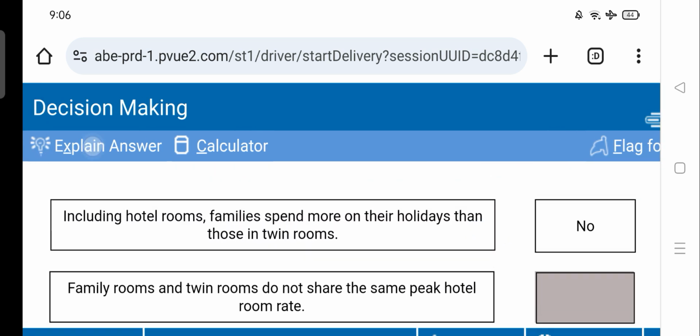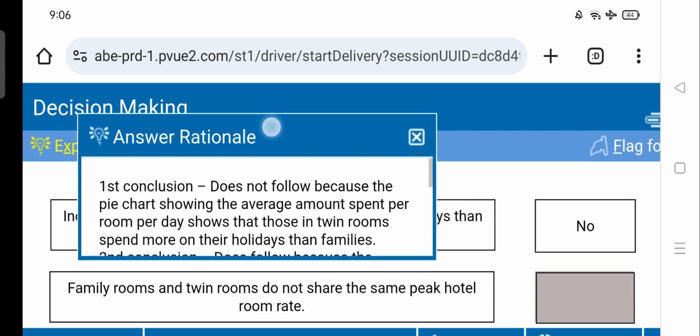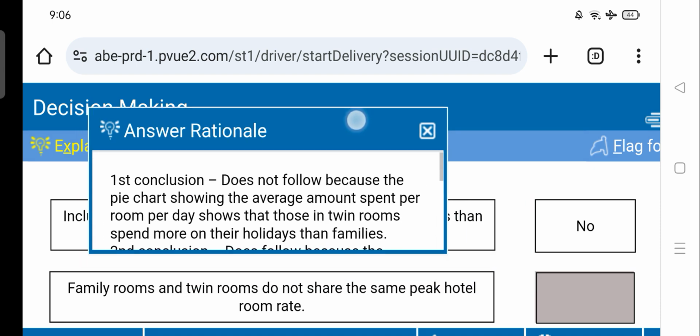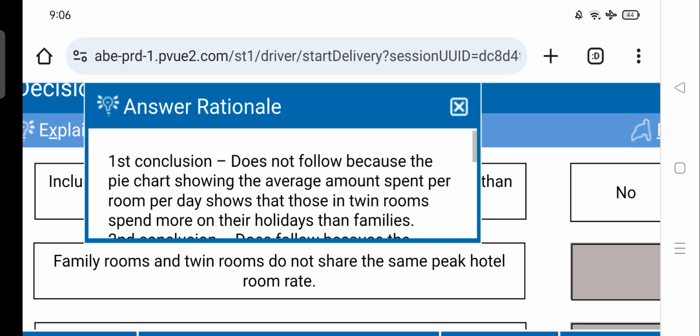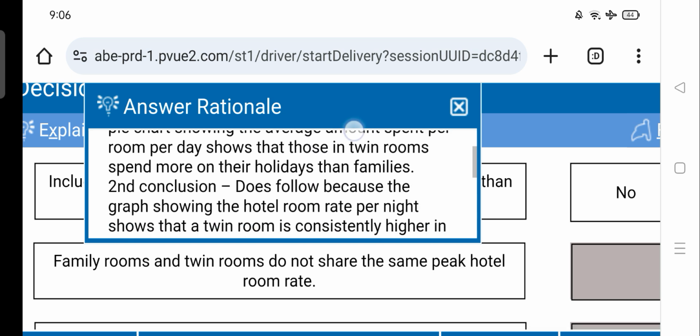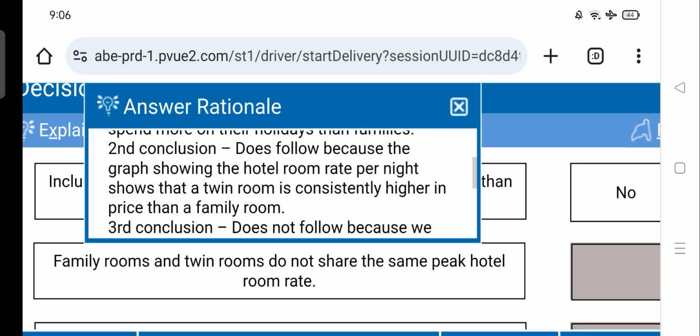Second conclusion, which says that family rooms and twin rooms do not share the same peak hotel room rate. This conclusion does follow because the graph showing the hotel room rate per night shows that a twin room is consistently higher in price than a family room.